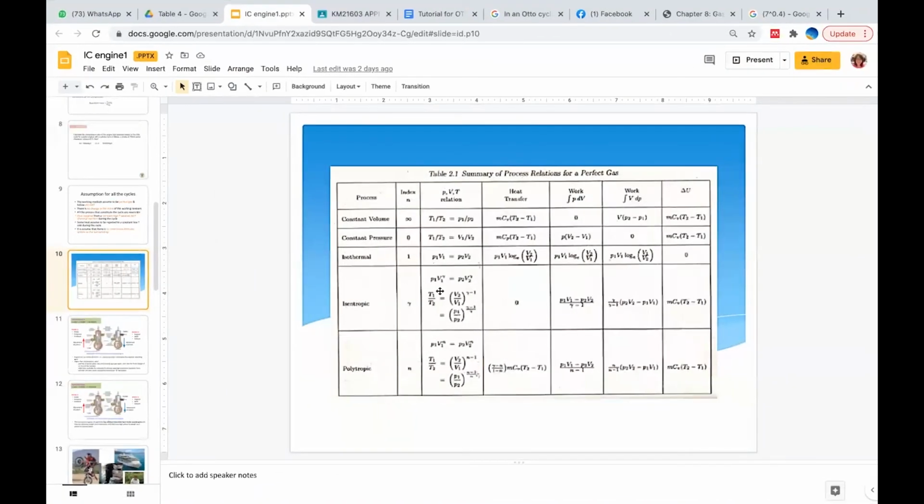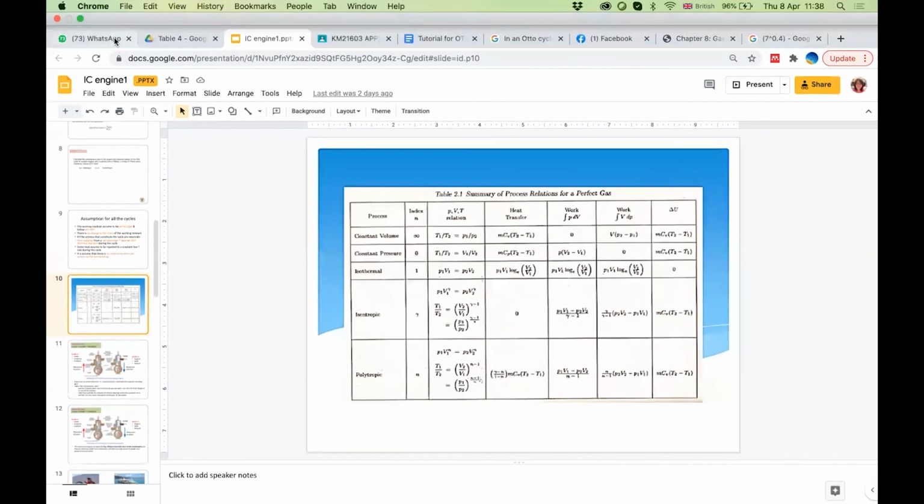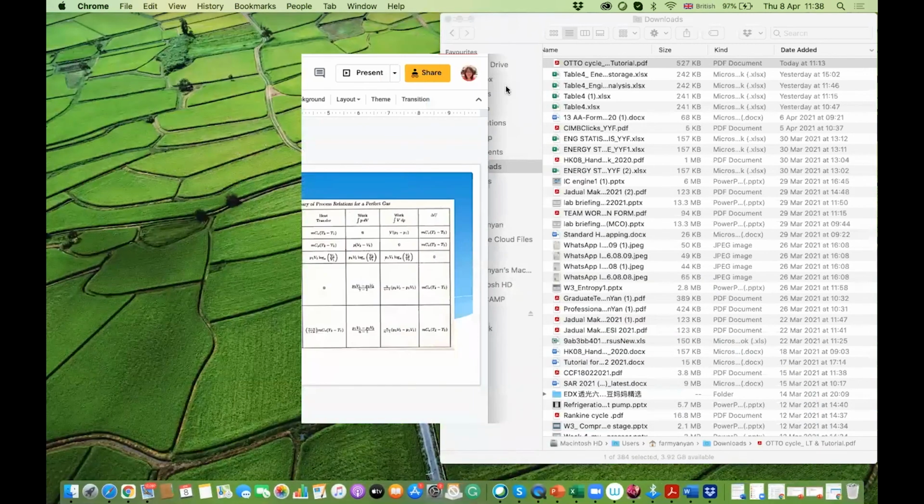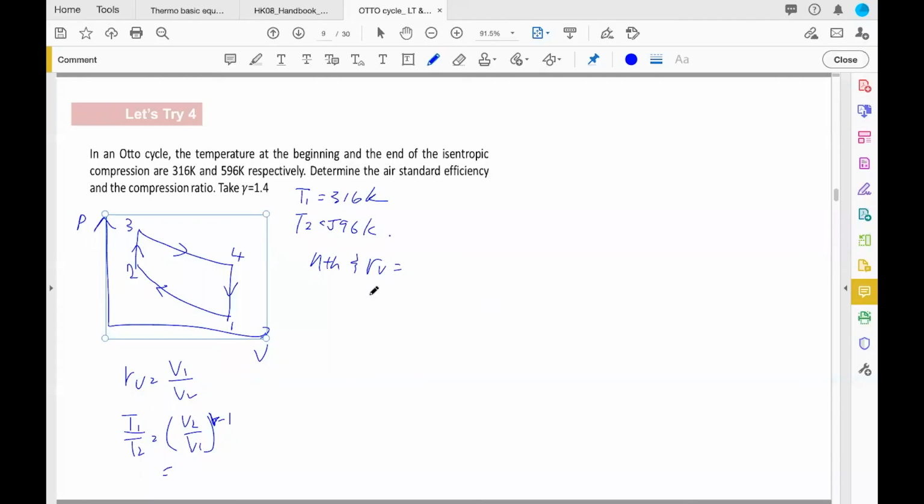This is the summary, and in the previous lecture I did show you the steps to get all the information. So you can refer back to them to get all the equations and understand them, rather than just memorize. As long as you practice, soon it will go into your mind. Anyway, let's go back here.